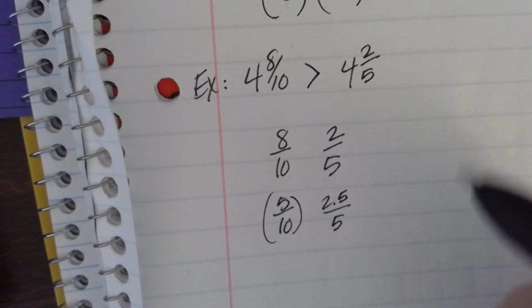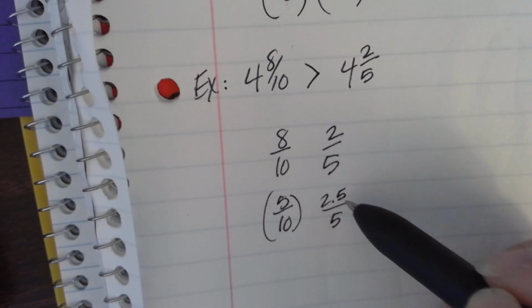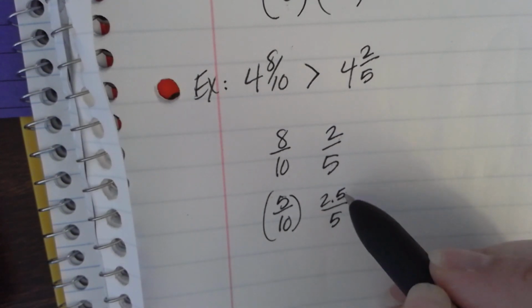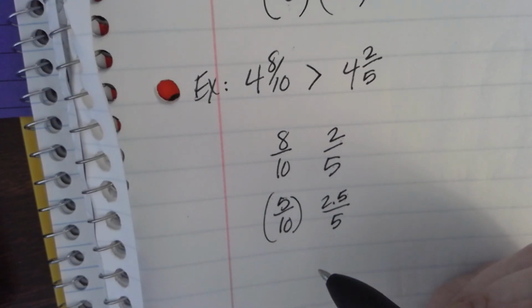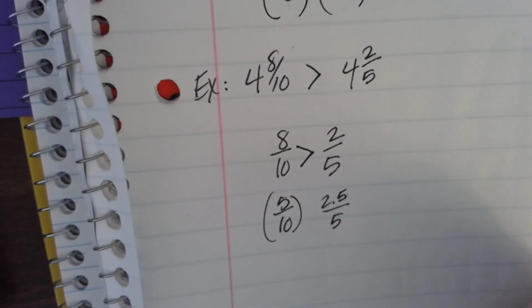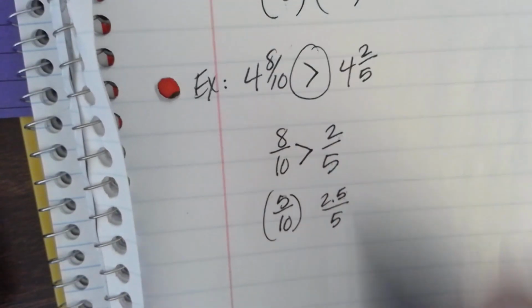So the first thing I notice is that 8/10 is bigger than a half, but 2/5 is not. It's not even a half. So if 2/5 is smaller than a half, half of 5 is 2.5, half of 10 is 5, and 8 is bigger than 5, then yes, 8/10 is bigger than 2/5, which makes this correct.